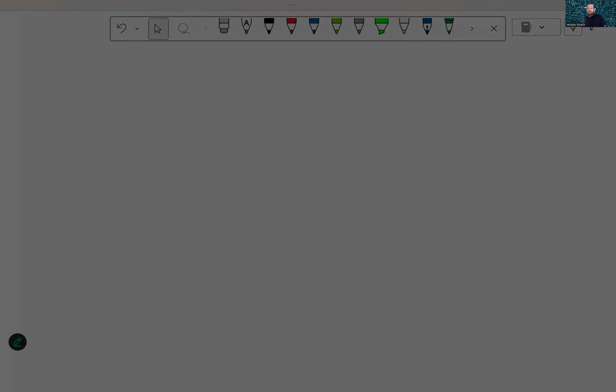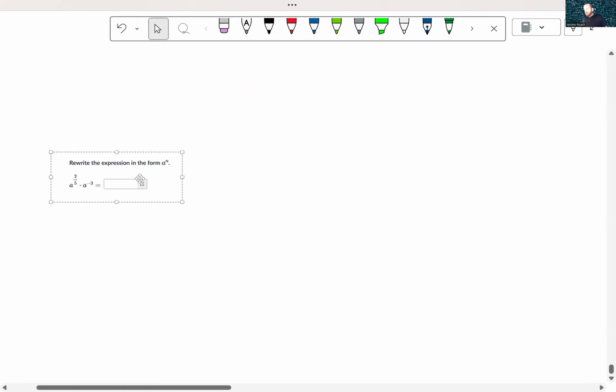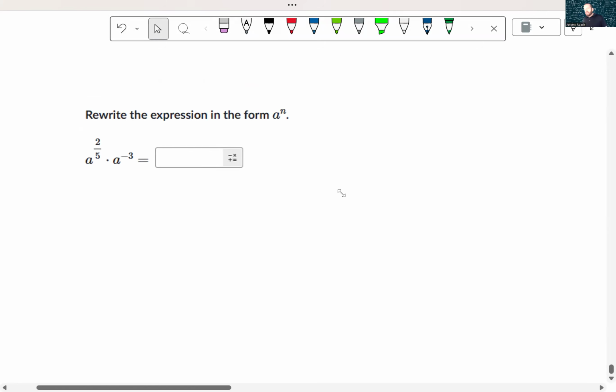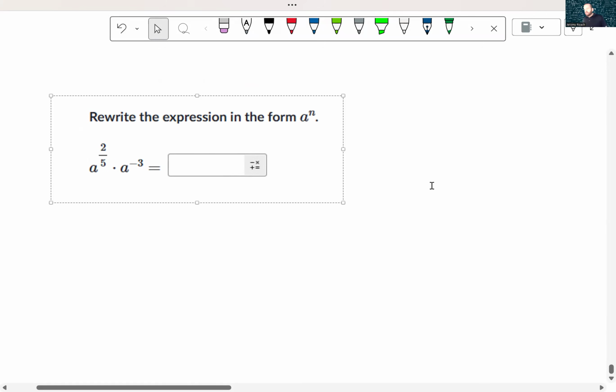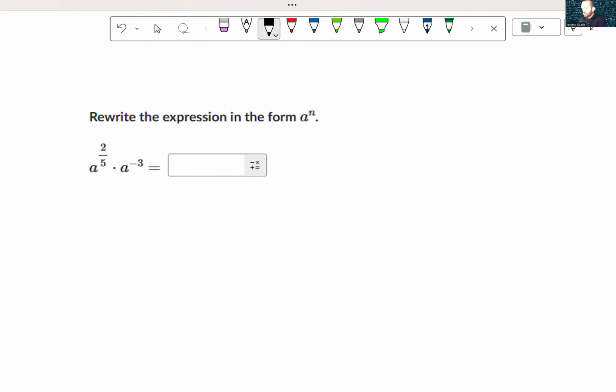All right, this one gets a little bit tougher. This one's the product rule. And we have the same base. This is kind of like the one we did with b squared times b cubed is b to the 5th. We're going to add these together. Except when we add 2/5 and -3, we've got to find a common denominator.